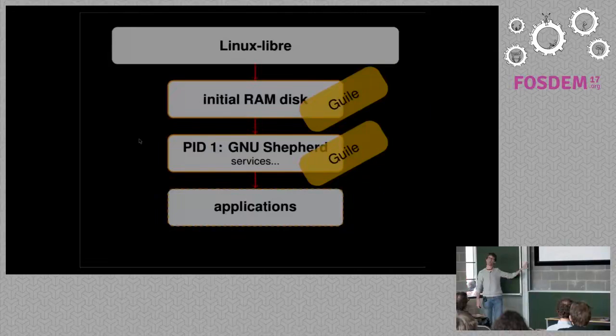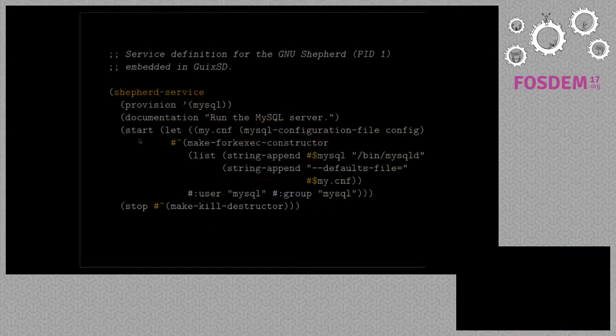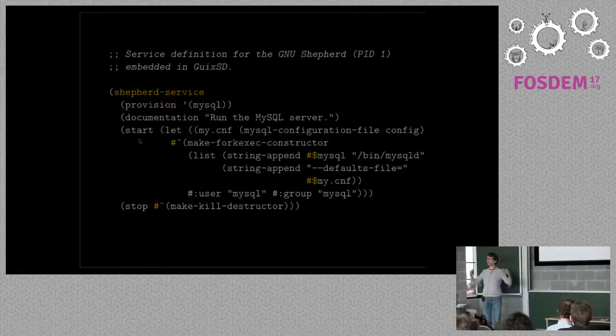Okay, so before, I've shown what you as a user will enter in your operating system configuration, and now I'm going to talk about the developer side of things, right? So how do you, as a GuixSD developer, define a service?